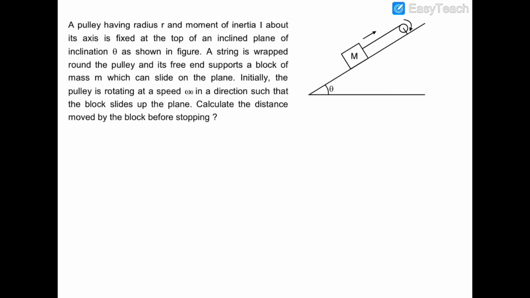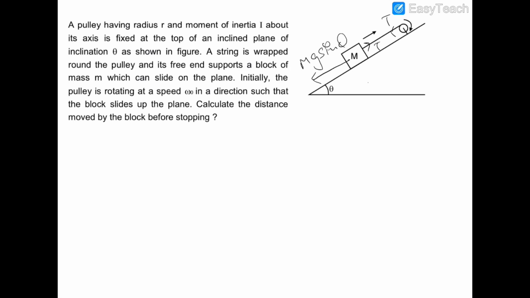In this question, you can see that there is a pulley which is initially rotating with an angular velocity of omega naught, and it is wrapping up the string, and therefore this block would be moving in the upward direction with some velocity. But this mg sine theta acting on the block would be retarding this block, and therefore this pulley would be retarding, and eventually this pulley would stop.